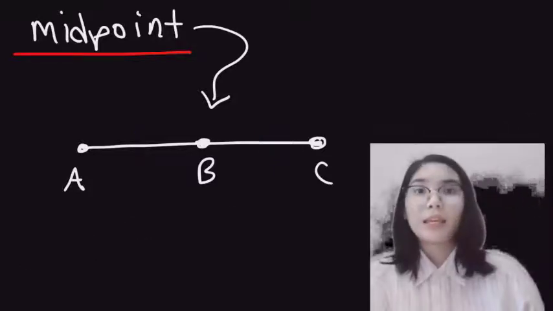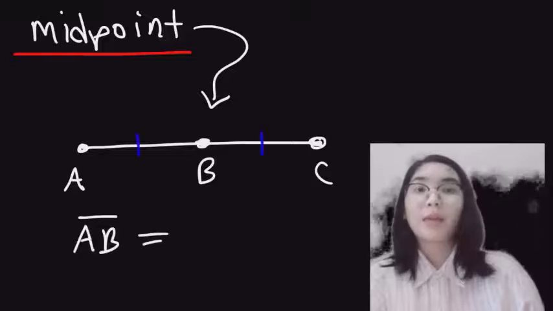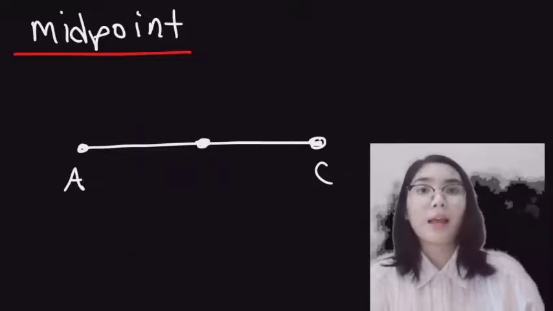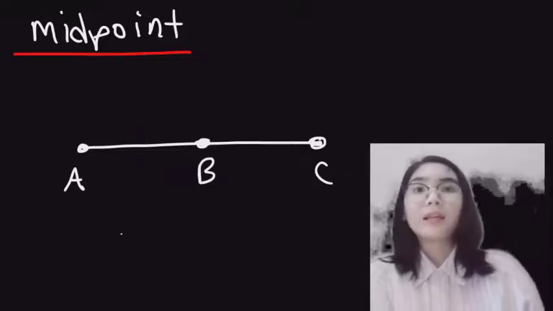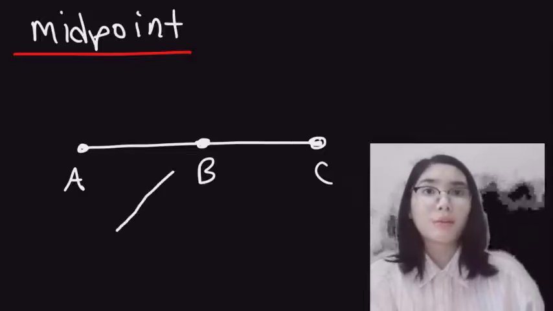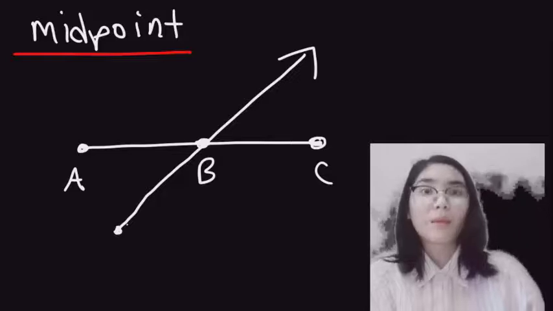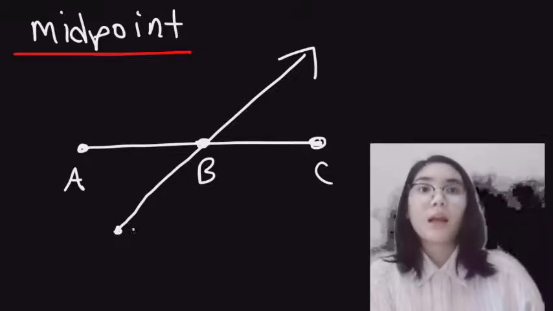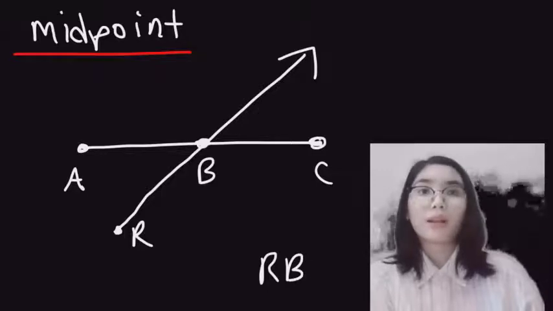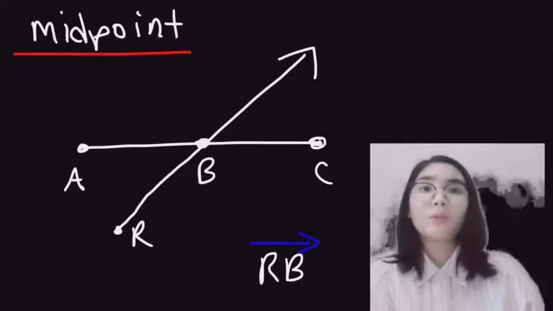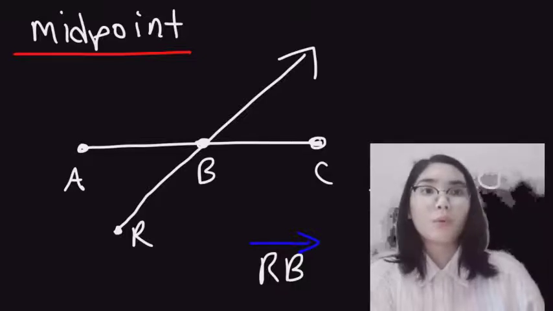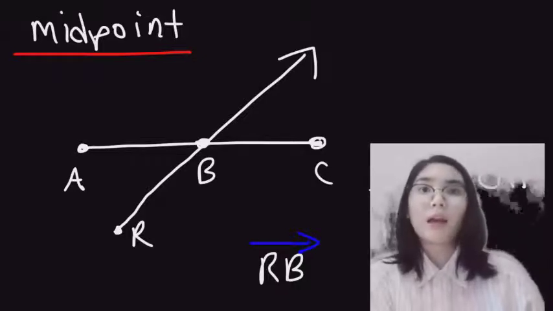Let's say we have a segment, which we can call segment AC, and let's say B is the midpoint. What does that mean? B is right in the middle of segment AC. It also means that segments AB and BC are congruent. If you put this mark, it shows that this segment is equal to that segment.